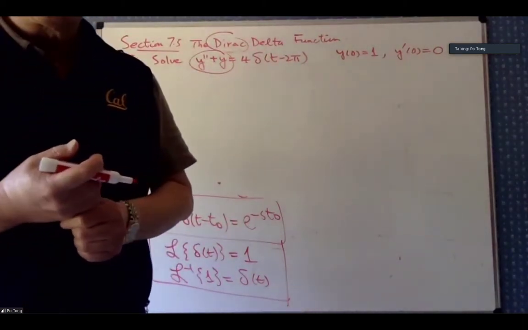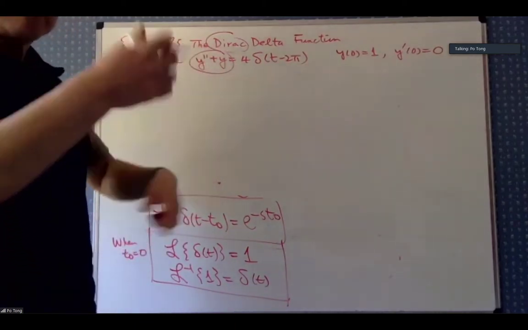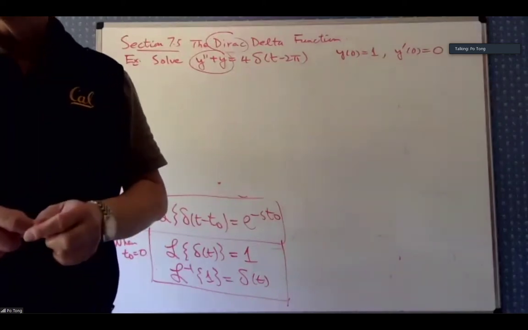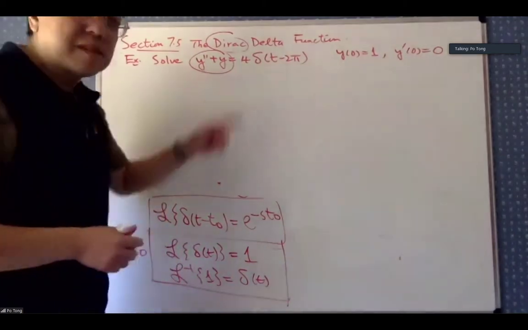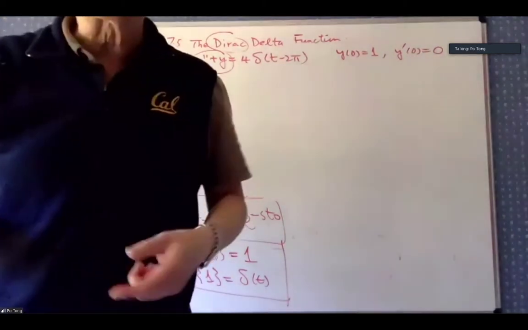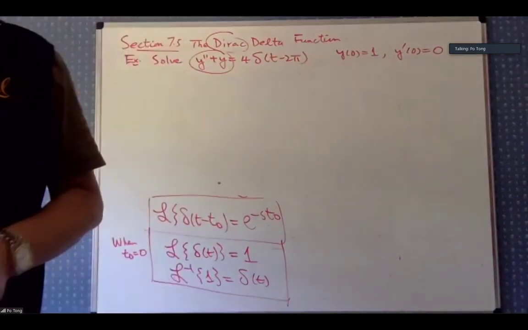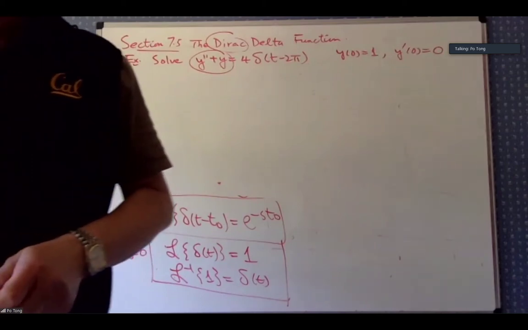If you look at the characteristic equation, m squared plus 1, you get plus or minus i, then you get cosine and sine. Do you guys recognize things like that? Yeah, that makes sense.